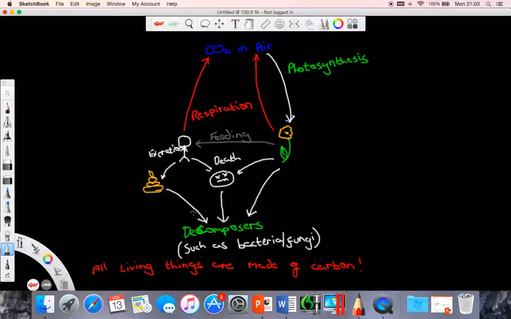Okay. Now, as decomposers break things down, they also respire. And this releases carbon dioxide into the air. So, decomposers do respiration.